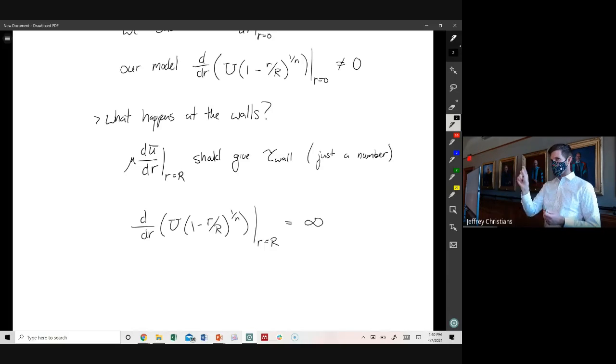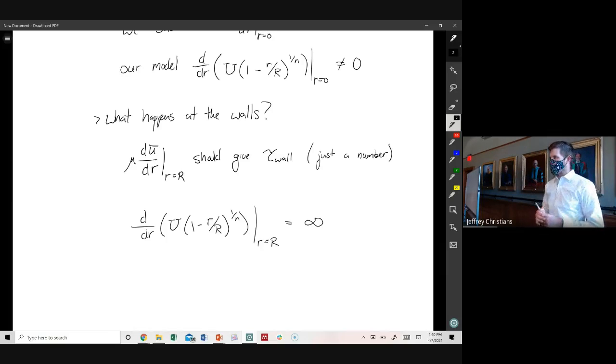And if you ask the wrong question to the wrong model, you get something dumb. You get something like friction's infinite. Friction's not infinite. It's a number. It can't be infinite, but that's because you asked this model, which isn't real, but is designed to be a tool for answering a different question.